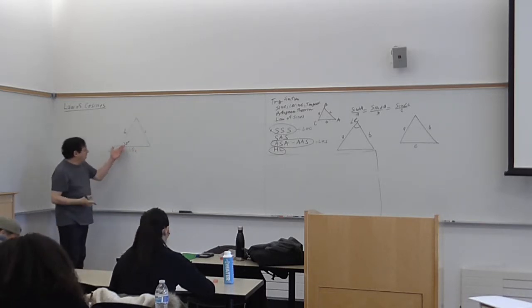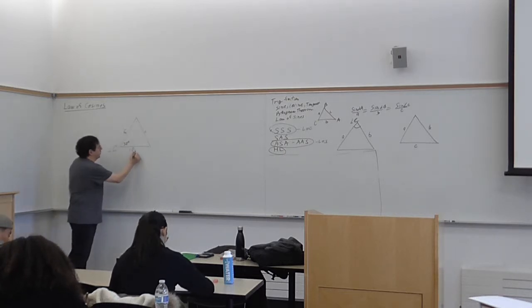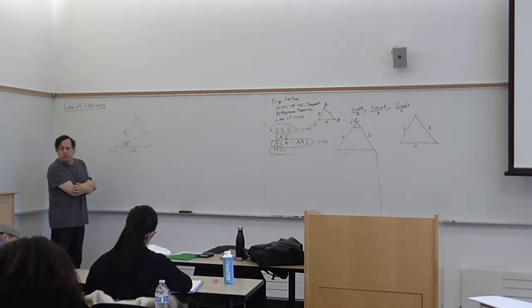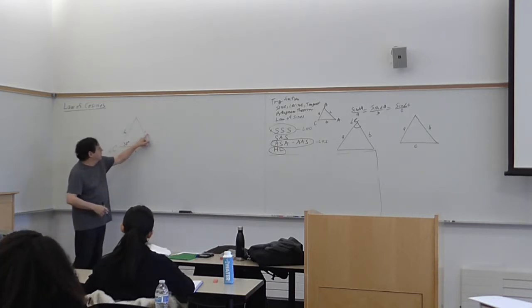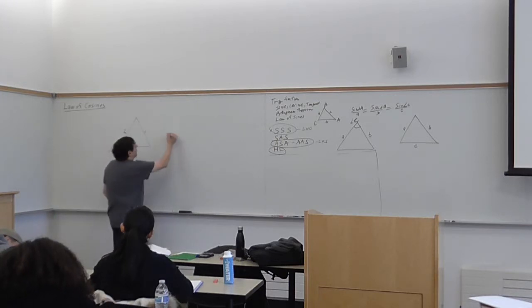And again, it doesn't really matter which of these is A and B. The law of sines doesn't help me here because I don't have a complete ratio that I can use. But I can apply the law of cosines. I have A, B, and C. I ought to be able to find the third side. So let's see how that would work.